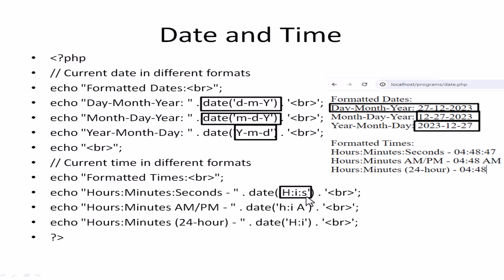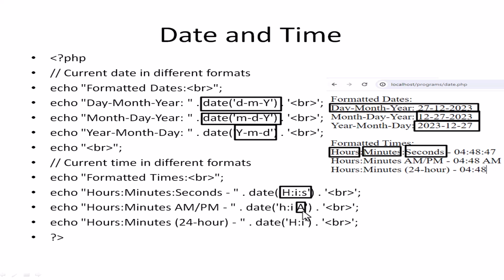In a similar manner, if you want to mention AM or PM at the end, you specify capital A, which is going to show AM. Instead of seconds, we have given A, because of that it is going to show AM. If you use P, it is going to show PM.